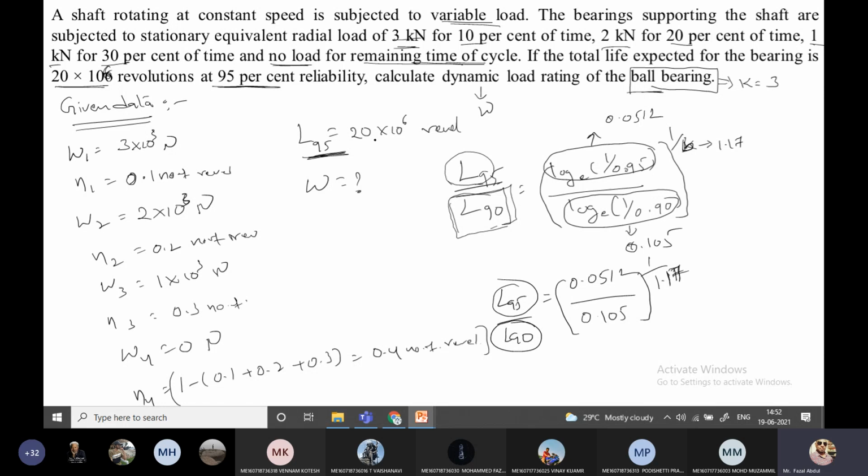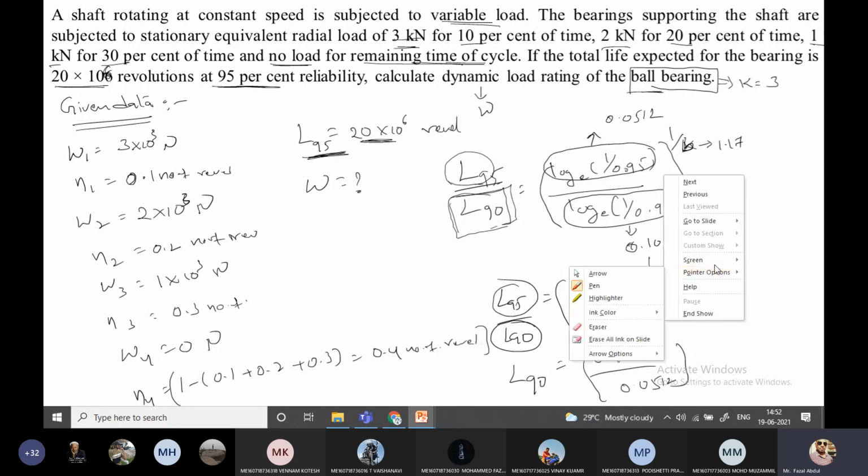For L95, the question is given 20 into 10 to the power of 6.